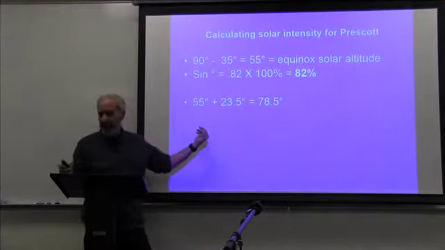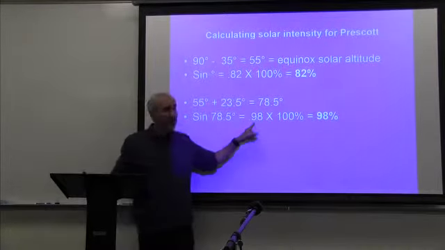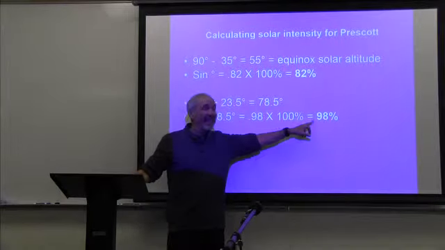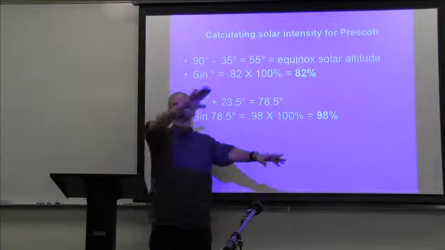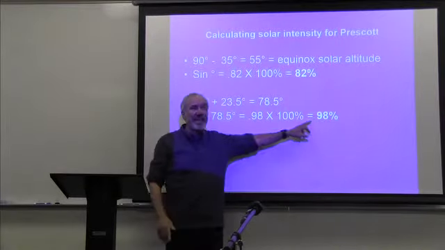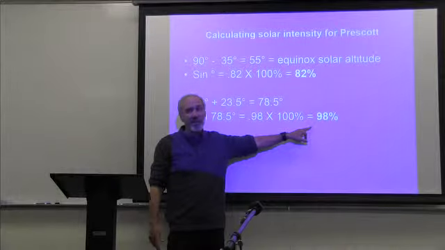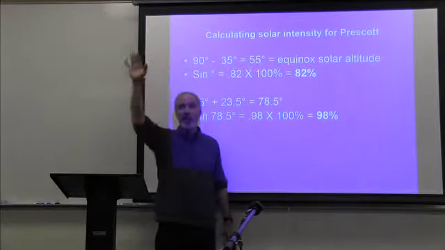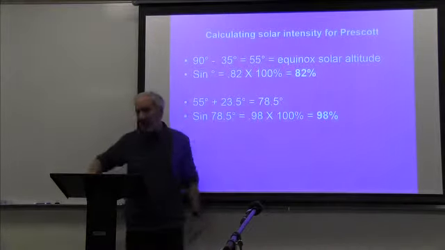So if we run the numbers, the sine of 78.5 is 0.98 multiplied by 100%, 98%. So in the summertime, June 21st anyway, when that sun's up at 78.5 degrees, you guys are getting 98% of the total possible solar intensity. That's a lot. So you get a pretty high sun here. Even though it's never directly overhead here in Prescott, that is pretty high, 78.5 degrees.